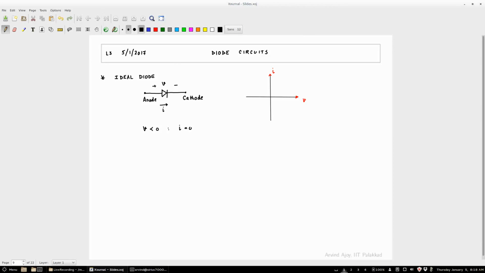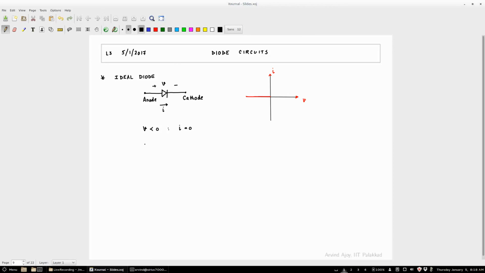Yes, correct. So when the voltage is less than 0, what do you expect? When voltage is less than 0, what do you want the current to be? You want I to be 0, right? So basically when voltage is less than 0, you want no current to flow, right?